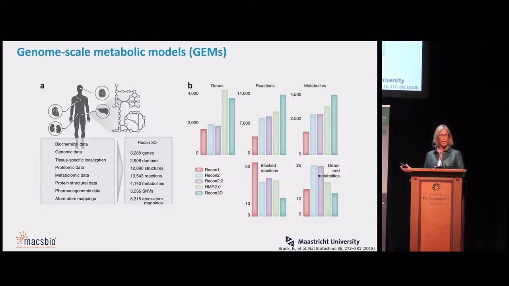These are mathematical models, so not necessarily very easy to visualize, but they are really built to do effective calculations throughout the entire metabolic network. They contain all metabolic reactions that occur in human bodies and all the information on genes, also the localization of the reactions, all metabolites.